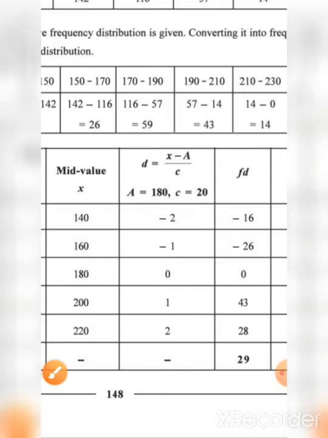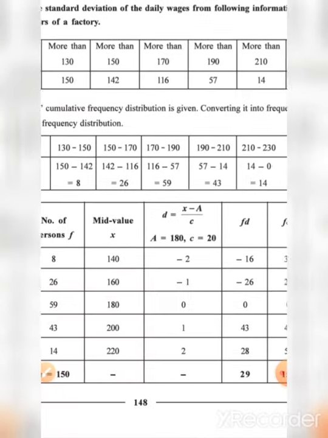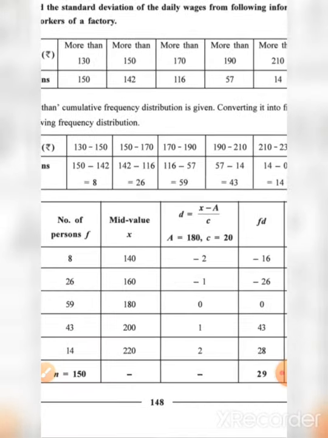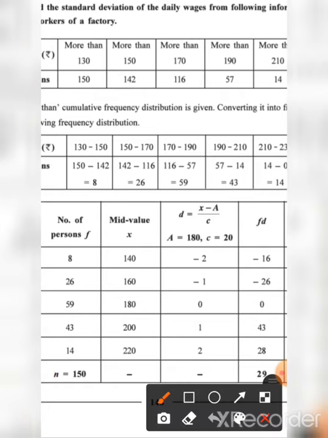Then comes the column of fidi. 8 times -2 is -16, 26 times -1 is -26, 59 into 0 gives 0, 43 times 1 is 43, and 14 times 2 is 28.